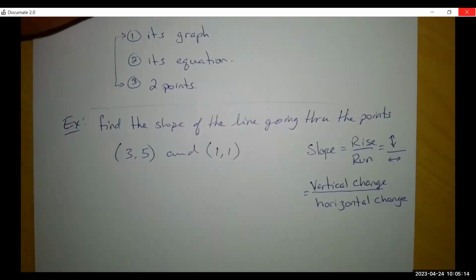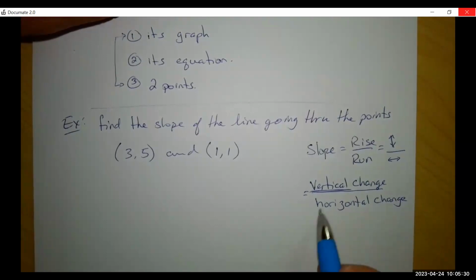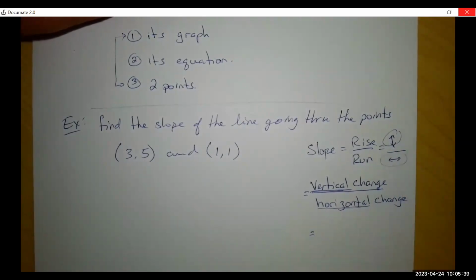Which axis is the vertical axis? What does vertical mean? What does horizontal mean? Vertical is up and down. Right. So which axis is up and down? The y-axis, right.